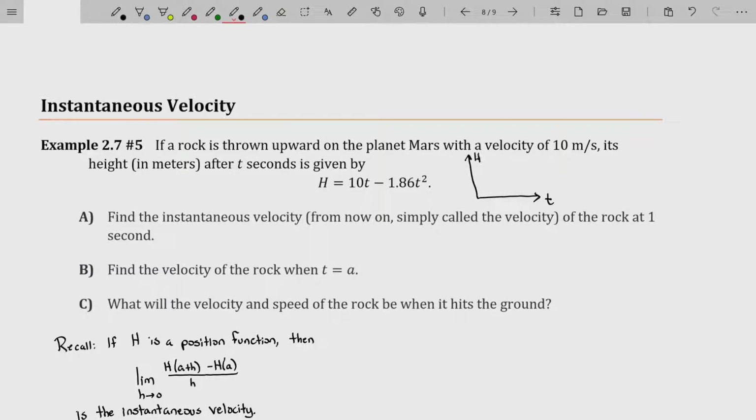Height over time, height in meters, time in seconds. So rise over run is meters per second. That is a velocity. So there you go. That's how I know that the units for rise over run represent some type of velocity.